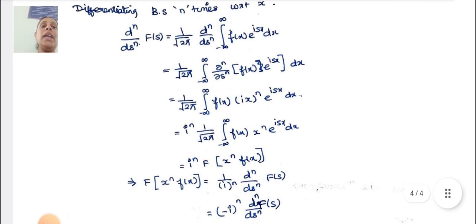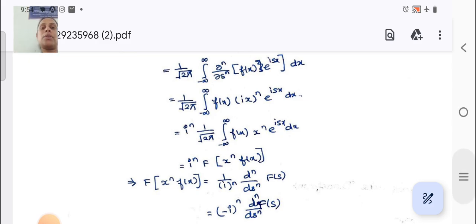Finally, i power n times the Fourier transform of x power n into f of x. Comparing the left-hand side and right-hand side, the value is 1 divided by i power n, d power n by ds power n of F of s. In this, i power n we take to the numerator, so minus i power n, d power n by ds power n of F of s. Okay, so thank you.